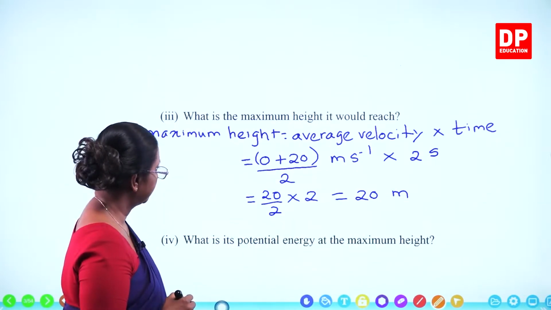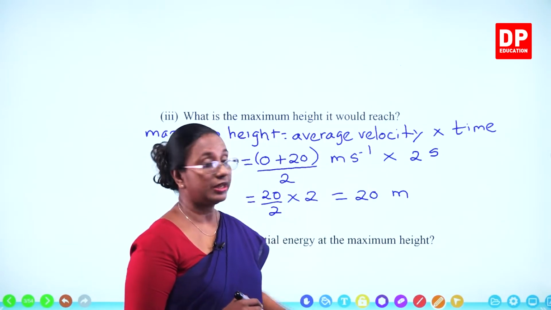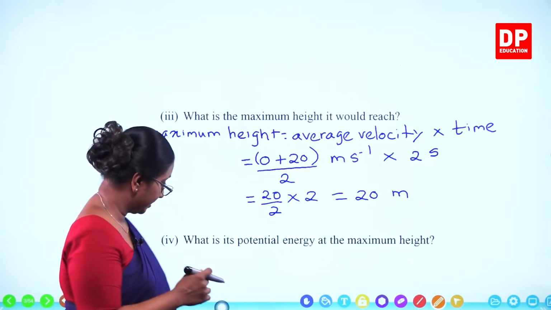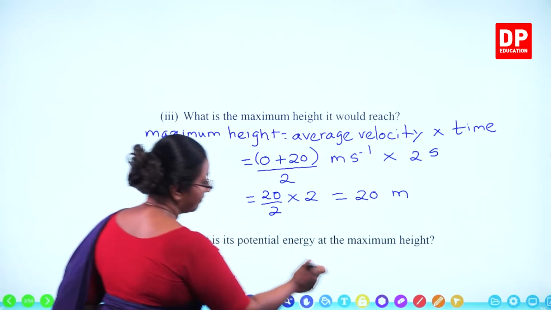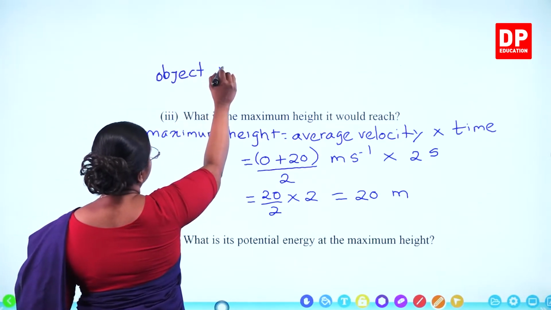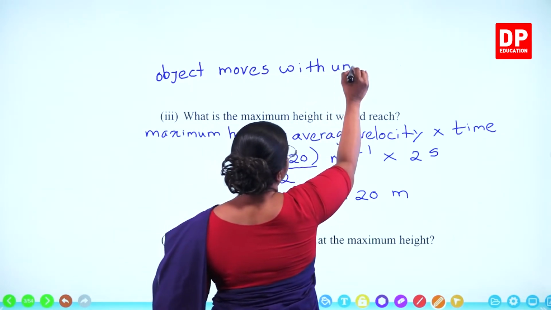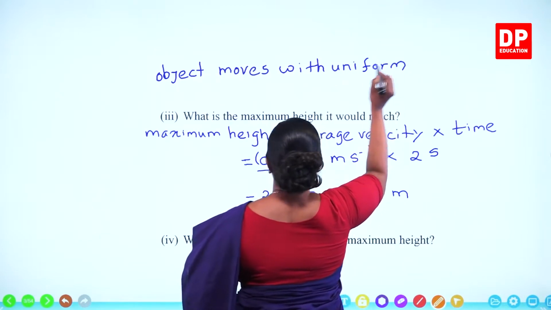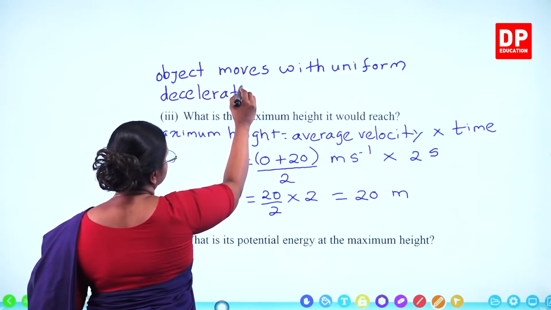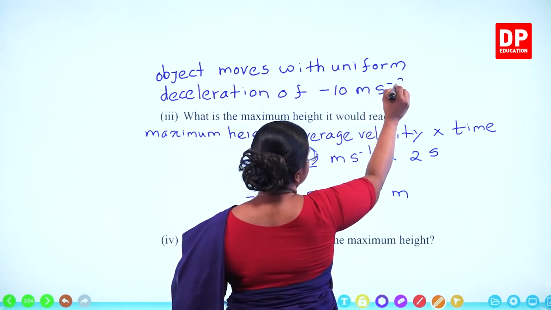Is that okay, students? So to find the maximum height, we need to have average velocity into time. What is the reason? Because the object is moving with uniform deceleration. So if you want, I will write it here. Object moves with uniform deceleration of minus 10 meters per second squared.